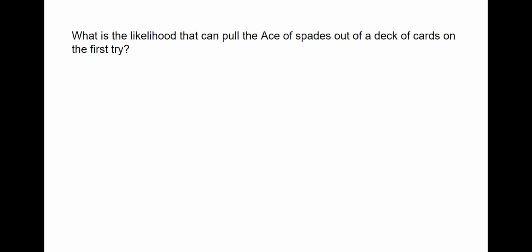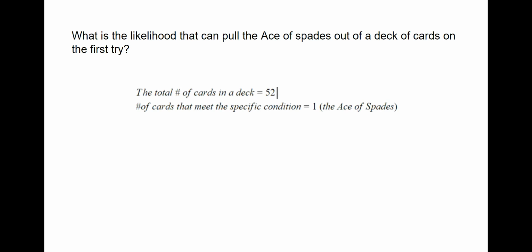How many cards are there in a deck of cards? And then additionally, we need to know how many cards meet the conditions that we set. The total number of cards in a deck of cards is 52. And the total number of cards that meet our specific condition is 1, the ace of spades.